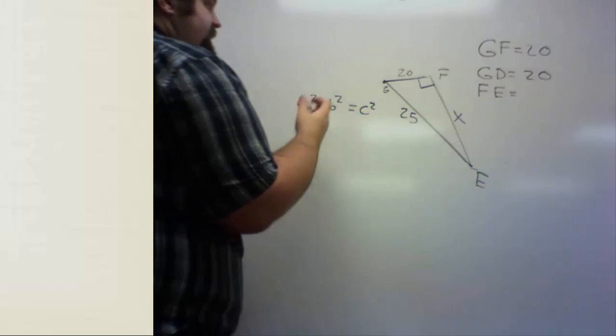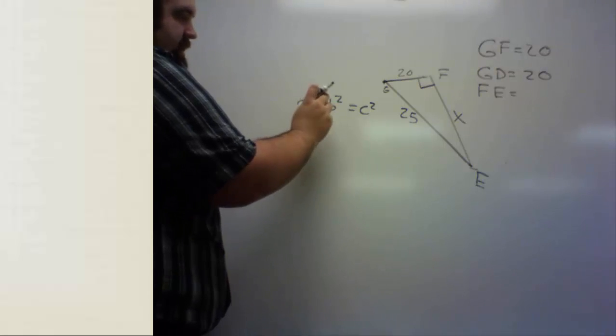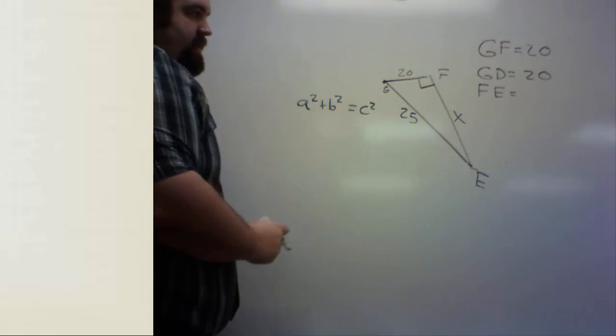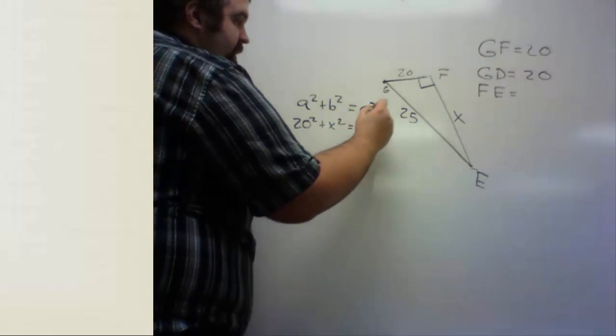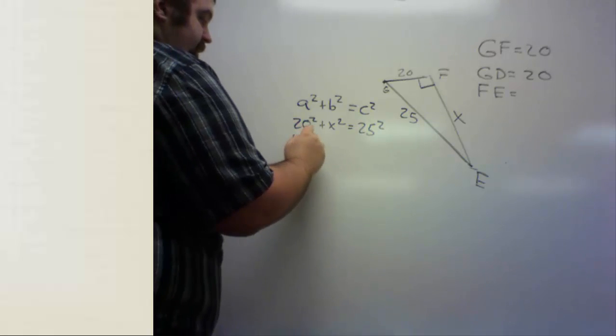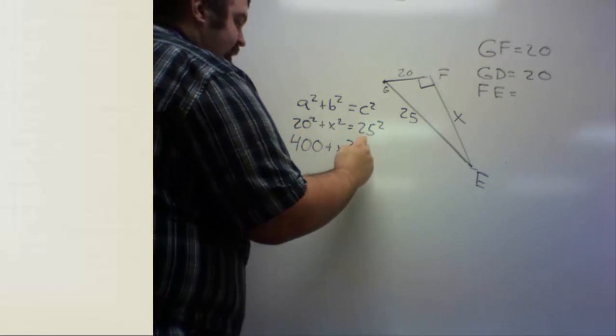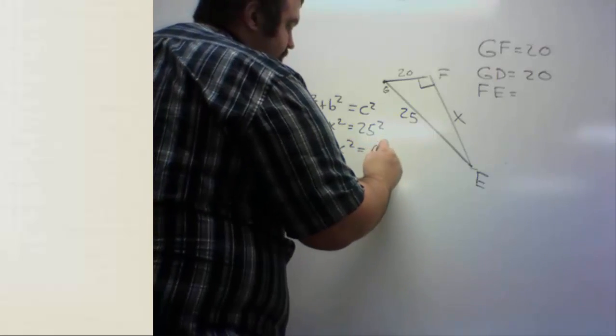And if you remember, that's the leg of a triangle squared plus the leg of a triangle squared equals the hypotenuse squared. So 20 squared plus x squared equals 25 squared. 20 squared is 400. x squared stays as x squared. 25 squared is 25 times 25, which is 625.